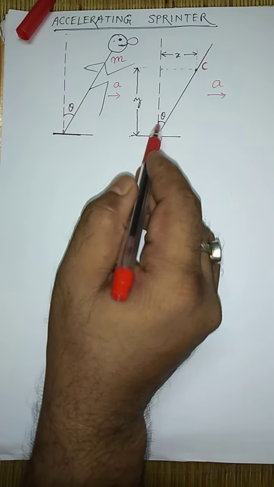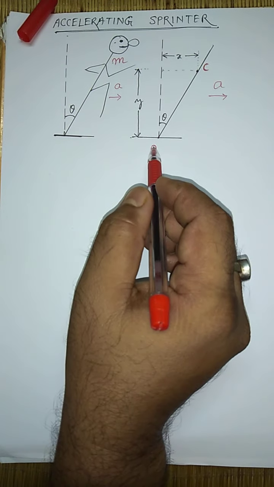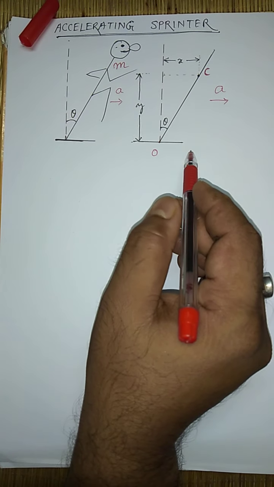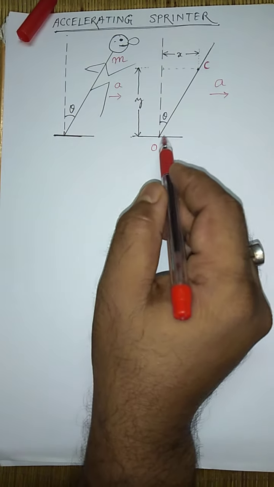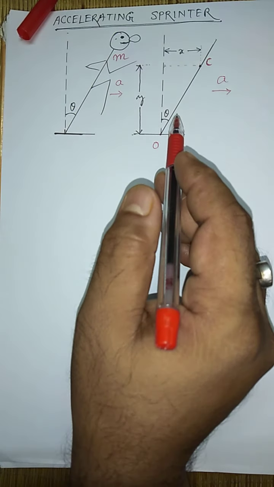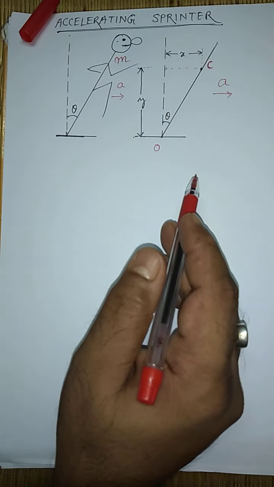We are going to find the expression for the angle that the sprinter makes with the vertical, not in an orthodox way. We'll apply the idea of pseudo force and the idea of the moment of force.